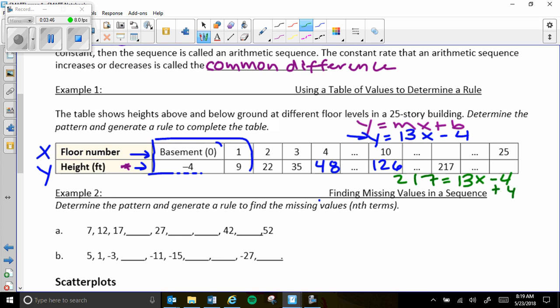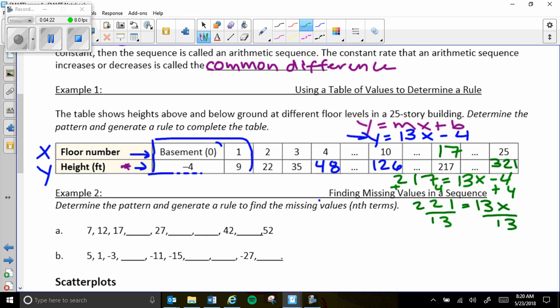So I add 4 to both sides, which gives me 221, and then divide by 13. 221 divided by 13 gives me an answer of 17. Okay. And then for the last one, it gives us an x value, so we plug that in for x. 13 times 25 minus 4 gives us 321. So that's our last missing term.